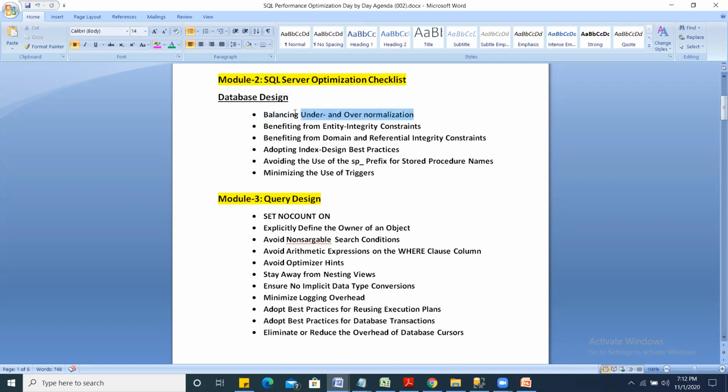But we will have less emphasis on this. Rather, we will have emphasis around data integrity: domain integrity, entity integrity, and referential integrity.